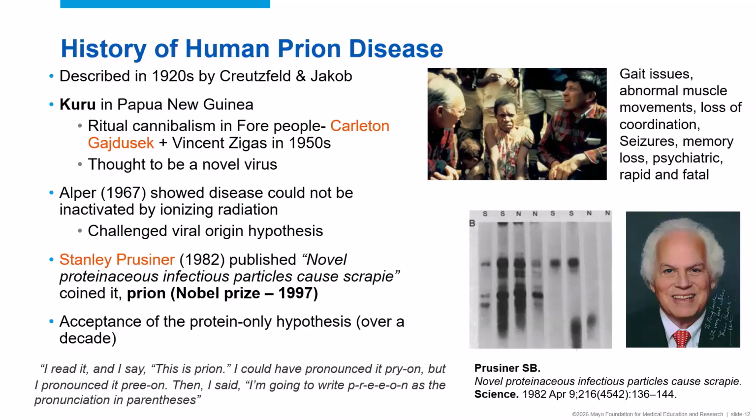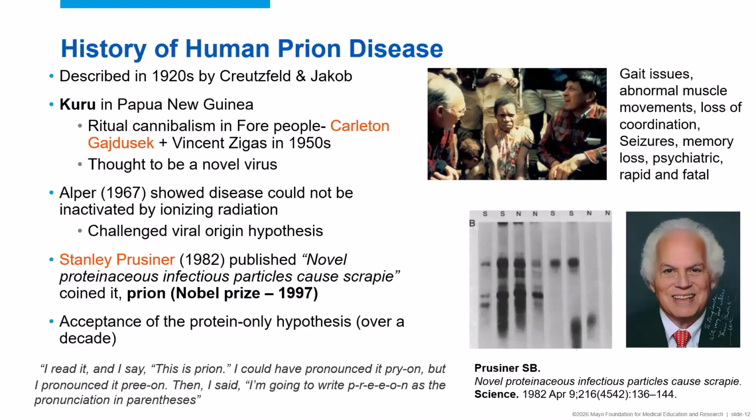And it wasn't until Stanley Prusiner reported a paper in 1982, basically determining that it was a novel protein that was causing these infections, which at the time was the first time anyone had really described an actual infective particle that was purely a protein.